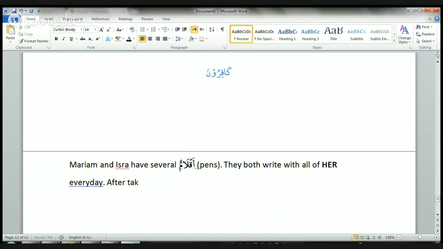After taking them from Brother Nihal, they found out that all of her were not the same color. You can put it down if you want.